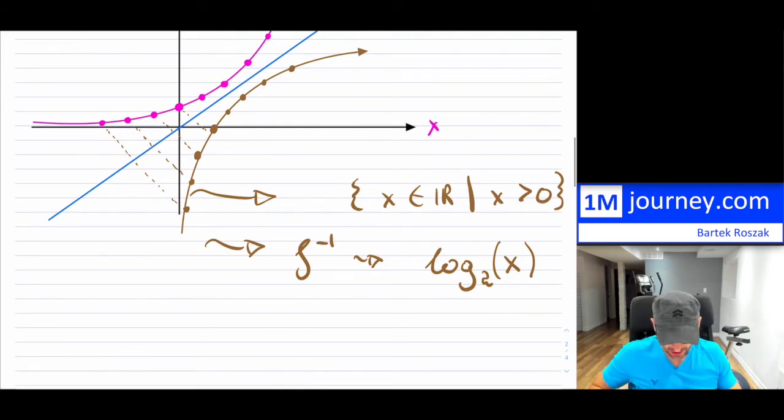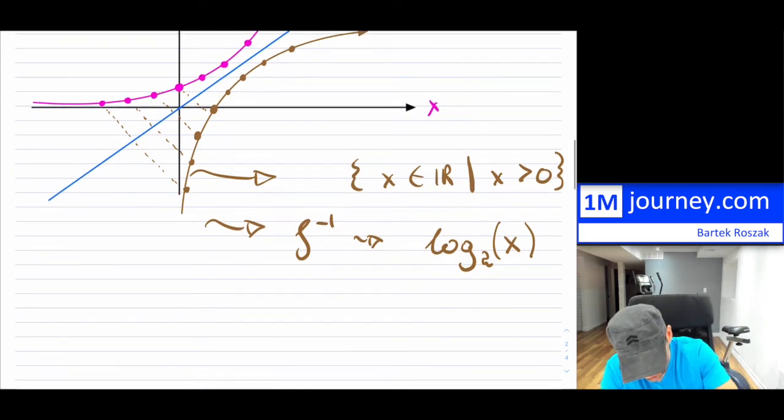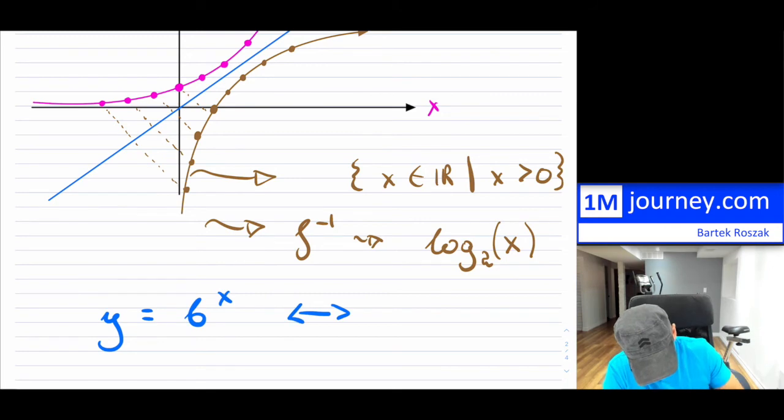Now, if you think about this and go back, we had y is equal to b to the x. And basically, this can be written in exactly the same way by saying our input is this y, and our output is this x.